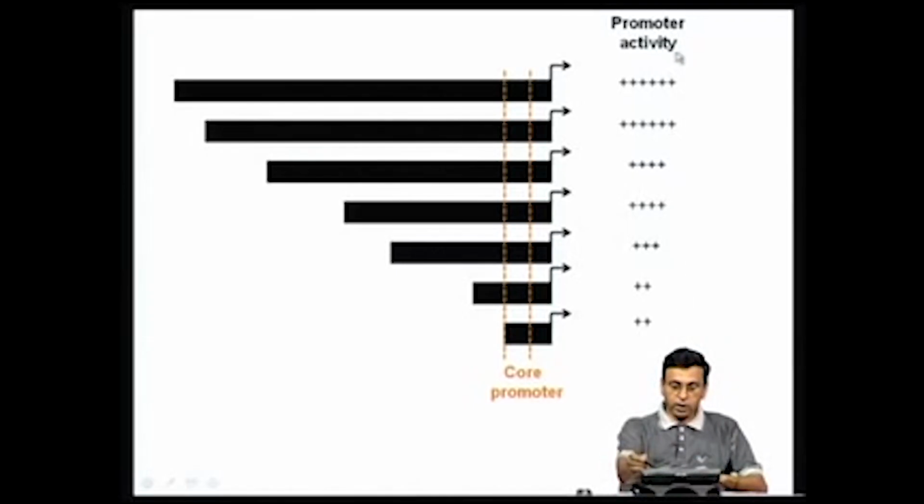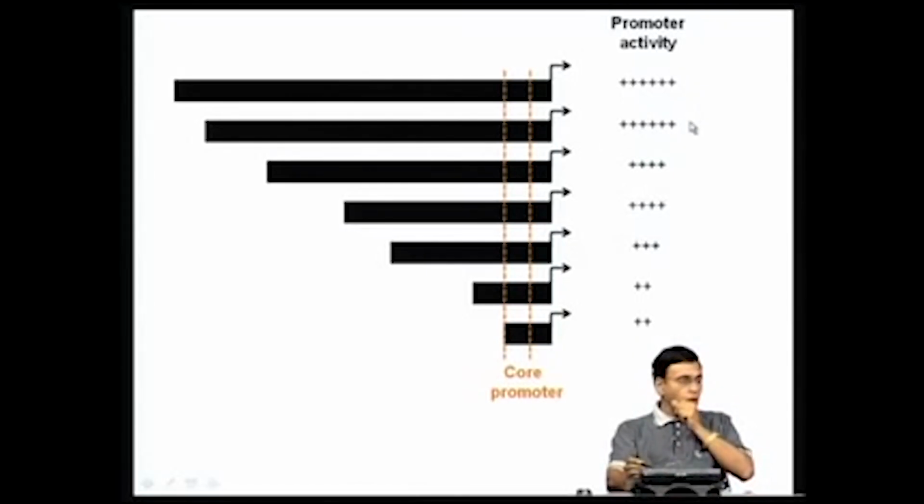You can see what I have written as promoter activity. For example, let us take this promoter region, which in addition to the core promoter consists of further upstream sequences, and let us designate the activity of this promoter as 6 pluses. That means it is very highly expressed.